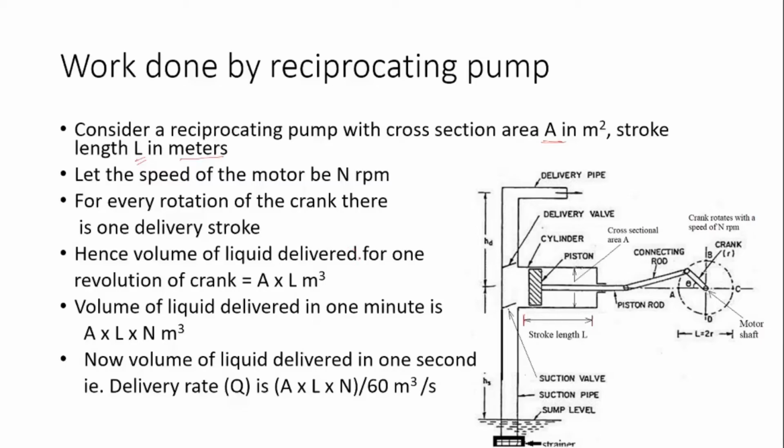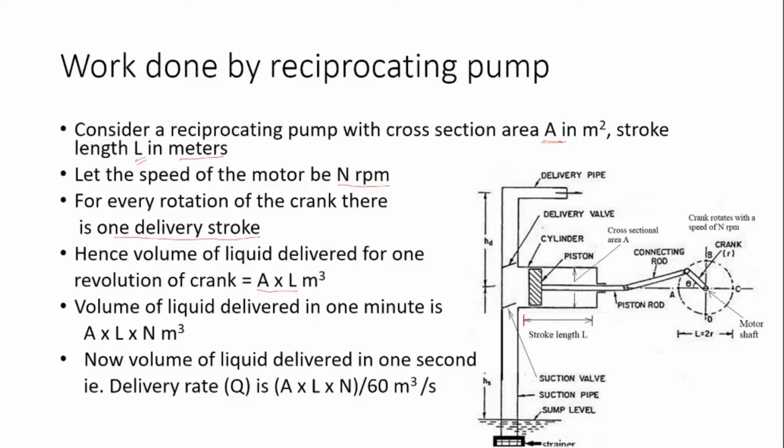Let capital N be the speed of the motor, N RPM. RPM means rotations per minute, number of revolutions per minute. For every revolution, as we have already discussed, there is one delivery stroke. So for every revolution, capital A into L, area into stroke, meter cube of liquid will be delivered.